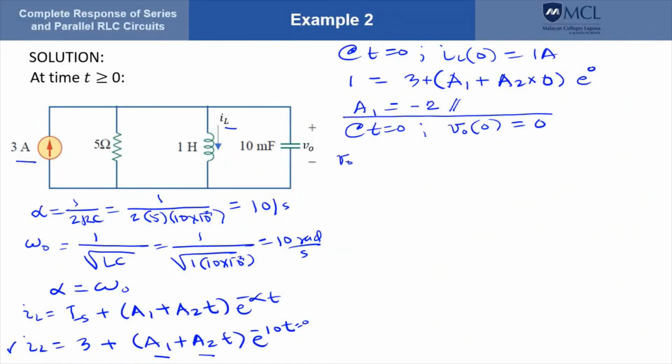V naught is equal to VL because the capacitor is parallel to the inductor, but VL is L di dt.